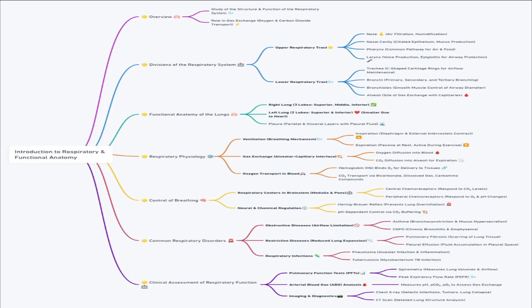Still on the non-respiratory functions of the respiratory system, the metabolic functions also lead to activation of biological substances. The lungs synthesize angiotensin converting enzyme that's needed in the renin-angiotensin aldosterone system. So ACE catalyzes the conversion of angiotensin 1 into angiotensin 2, and angiotensin 2 is a potent vasoconstrictor.